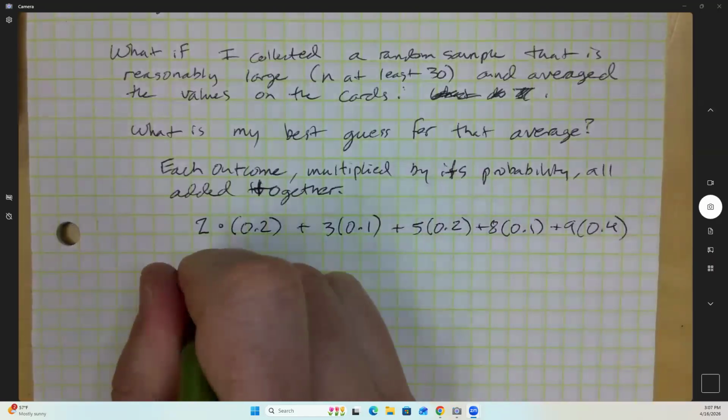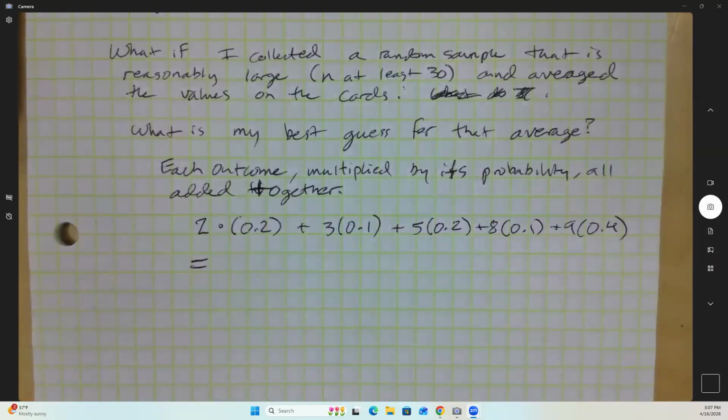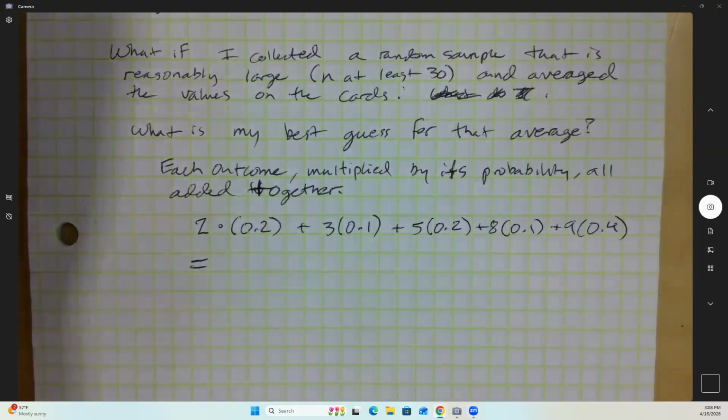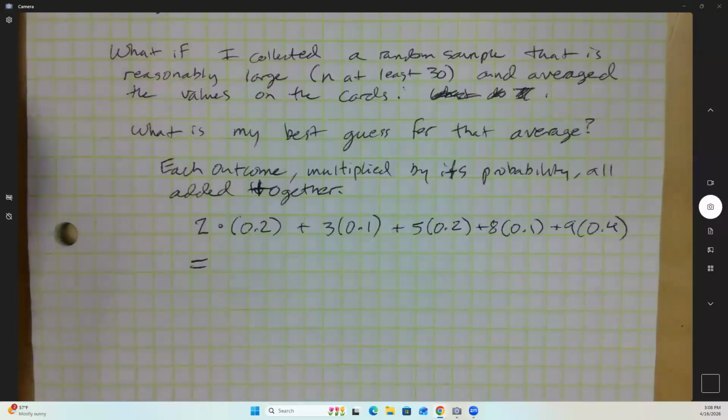And we'd add all of those up. At the end, we get 6.1.